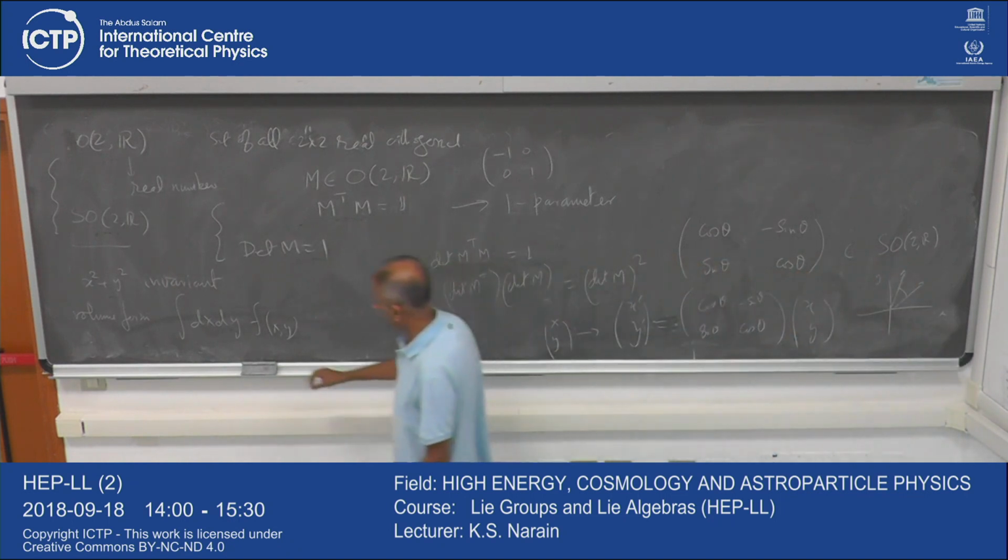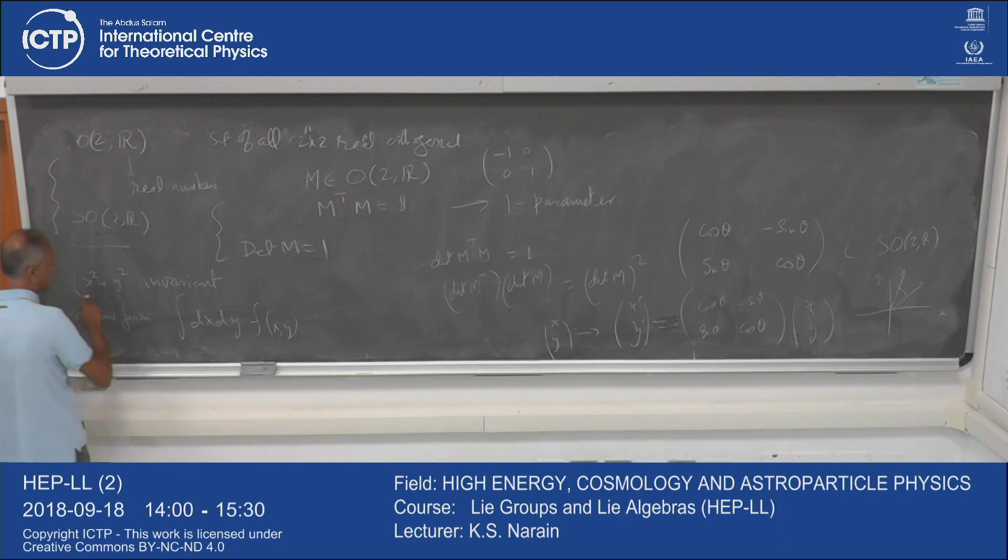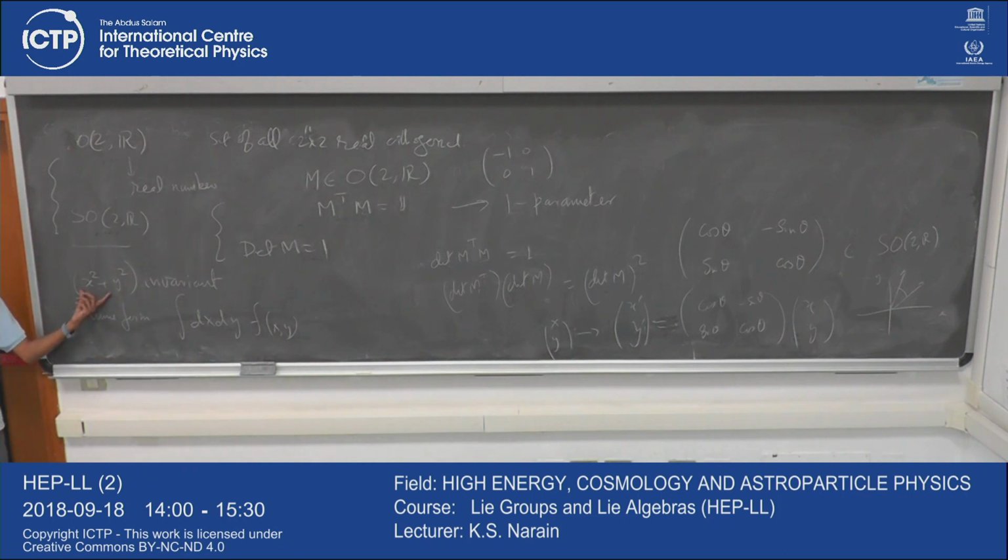Okay, so x squared plus y squared is, of course, a Euclidean length square. You have seen in the relativistic course that you have a Minkowski signature where the length square is x squared minus y squared.